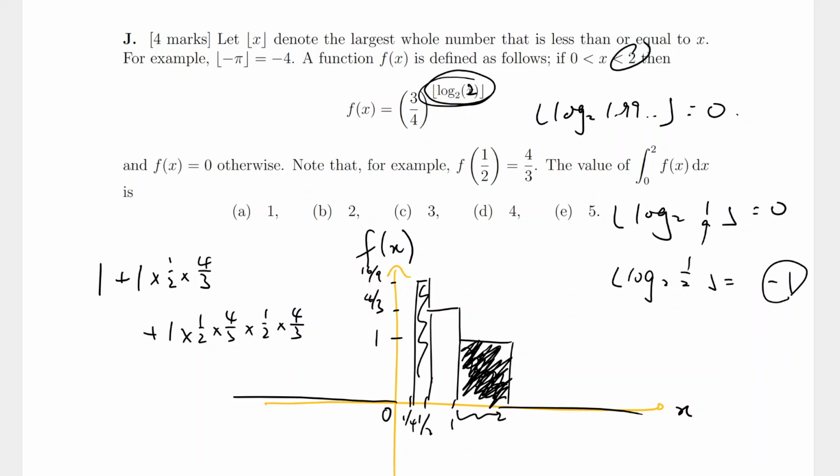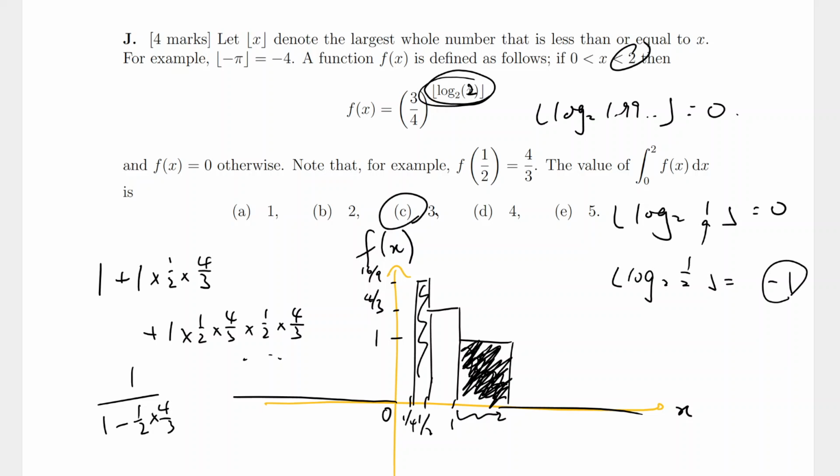You move your way to the left, closer and closer to 0, with infinitely many rectangles. So this is a sum to infinity: a over 1 minus r, so 1 over 1 minus r, where r is half times 4/3, which is 2/3. 1 minus 2/3 is 1/3, and 1 divided by that is 3.